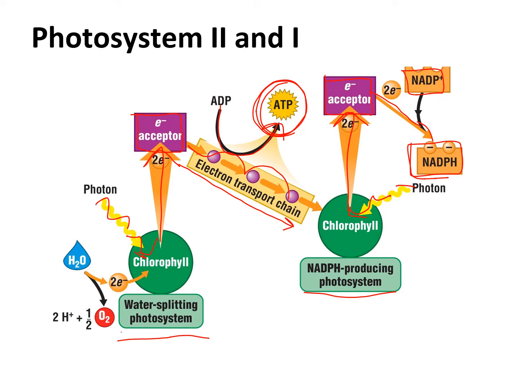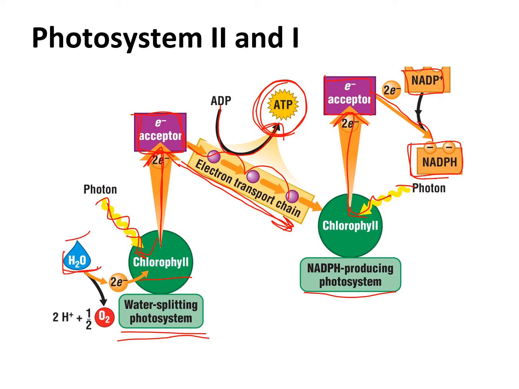So I mentioned in the water splitting photosystem that these electrons need to be replenished in these pigment molecules because they're leaving to be transferred to the electron acceptor and to flow through the electron transport chain. So new electrons to replace those that leave come from water.